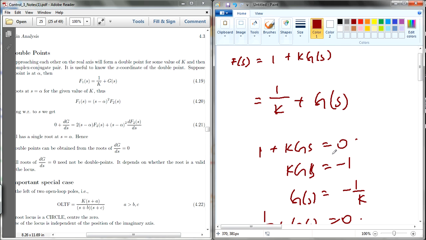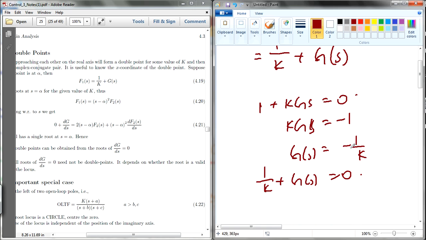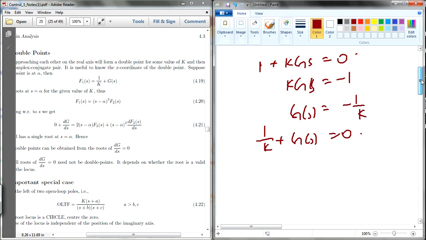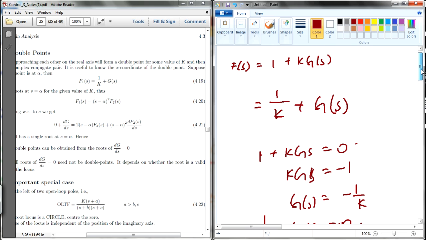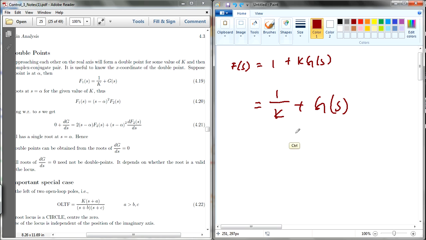This is how it's derived. So it has to be equal to 0 in order to have certain values. So in this case, what we can see is that 1 is equal to kG(s). This is the meaning: kG(s) is equal to 1. This is always the case because they are equal to 0. This also explains why just now my example went wrong.